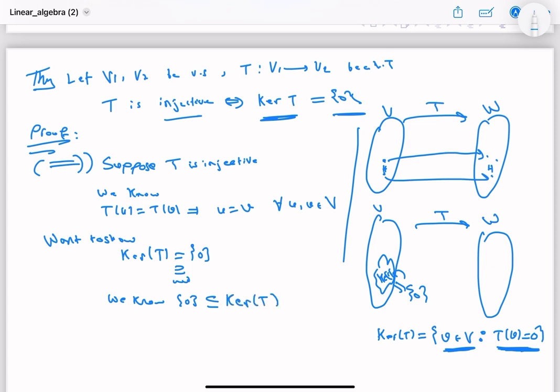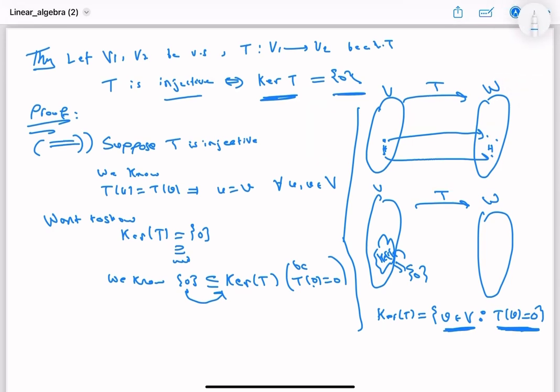And why is that? Well, we know that T of 0 is equal to 0 whenever T is a linear transformation. This was proved in the previous video. And thus this set is contained in the kernel, right? Because 0 is thus in the kernel.